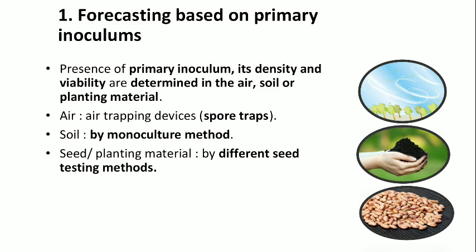The presence of primary inoculum, its density and viability, are determined in the air, soil or planting material. In air, with the help of different spore traps or air trapping devices, we can forecast the disease. Then in soil, by taking one crop on the same land, that is by the monoculturing method.